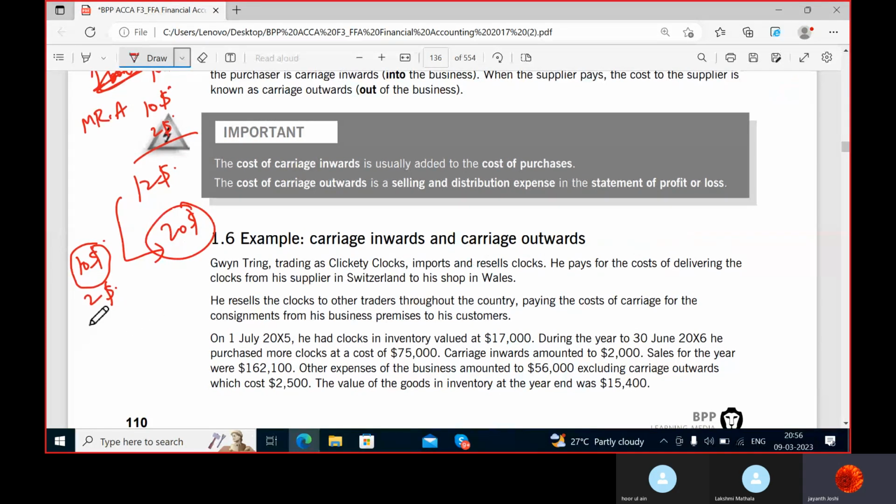Now my question is, if Mr. A had sold the box for $10, would he have made a profit or a loss? See, $10 is the box cost. $2 is the freight charges. The total cost is $12. Now Mr. A is selling the box for $10. Is he in profit or loss?